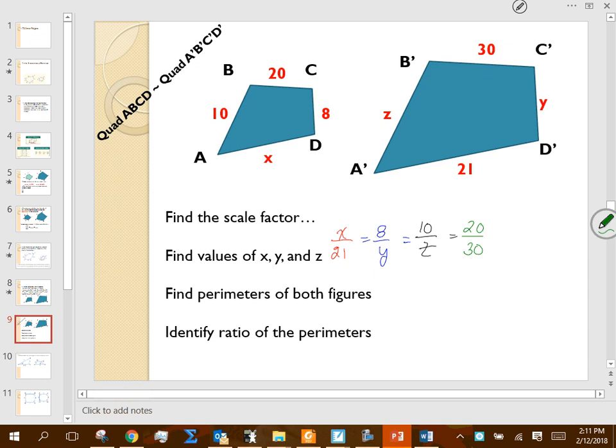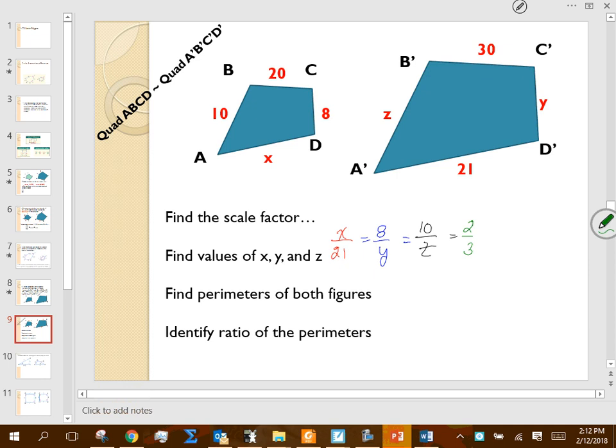Every one of those ratios should be equal if these 2 shapes are similar, right? Which one is purely numerical? Which one is only numbers? No variables. 20 over 30, right? There's my scale factor. And setting up this extended proportion like this is nice because if all of those are equal, I should be able to take this 20 over 30, which I'm going to reduce to 2/3.